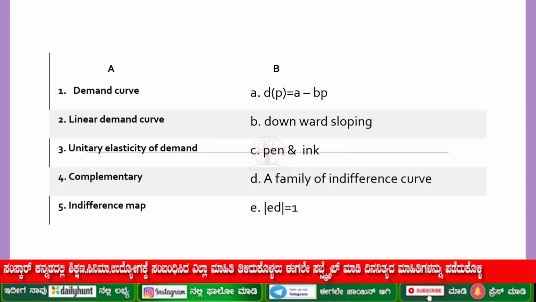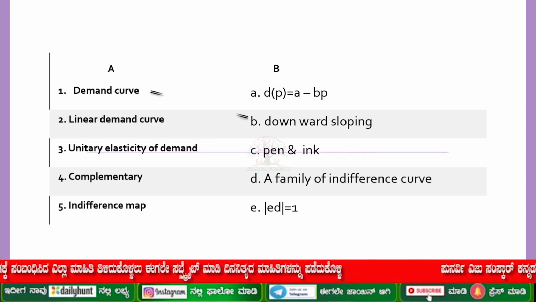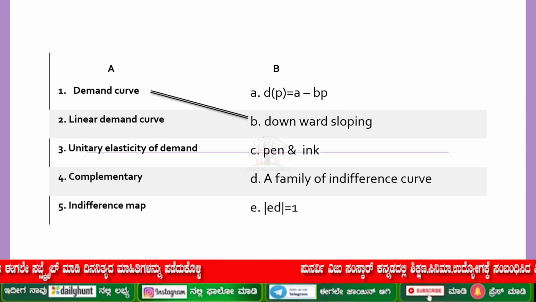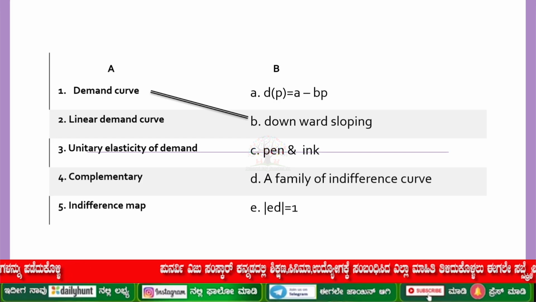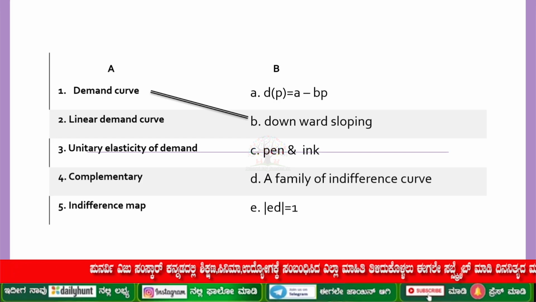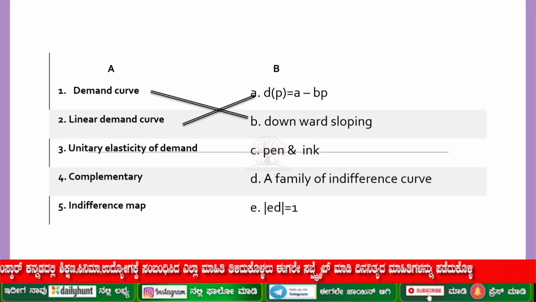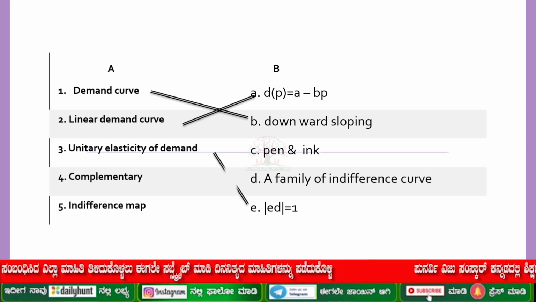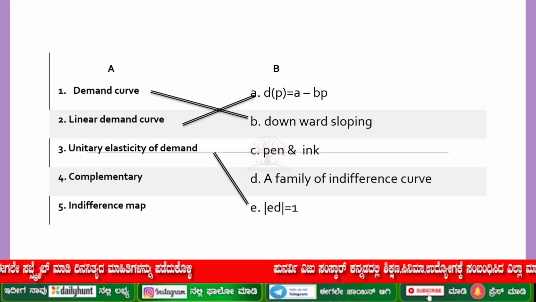Here you can see the demand curve. We know it slopes downwards, so downward sloping. Linear demand equation, D equals A minus BP. A minus BP is the right answer. Unitary elasticity of demand, we know it is equal to 1.